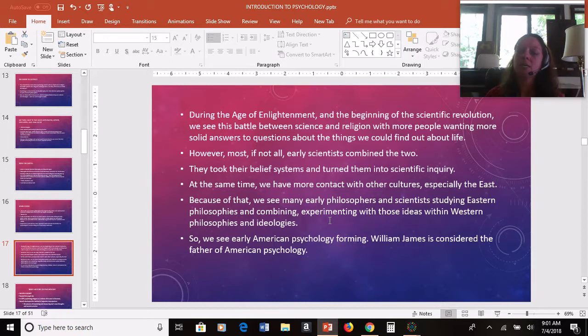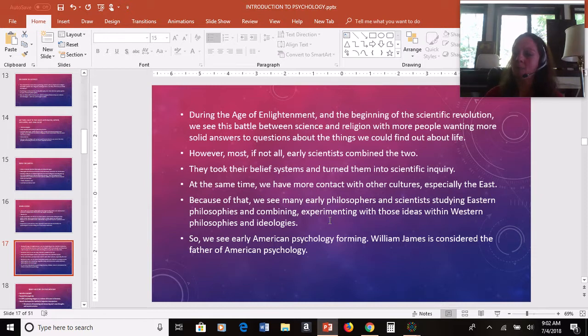When we get into the biographies of these early psychologists and philosophers, we see that they were very well-traveled and educated people, meaning they went out and spent time in other cultures and learned about their philosophies and belief systems. And so they used that as tools in their tool belt to help explain human behavior.